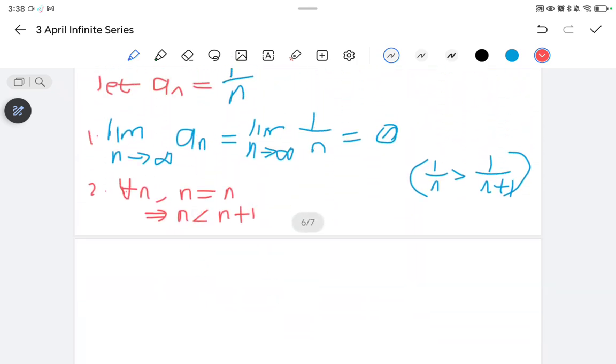And this would imply that if I find the inverse, 1 over n is greater than 1 over n plus 1. This sign will change because we flipped it, right? And this we know is the same as a of n, that a of n is greater than a of n plus 1.